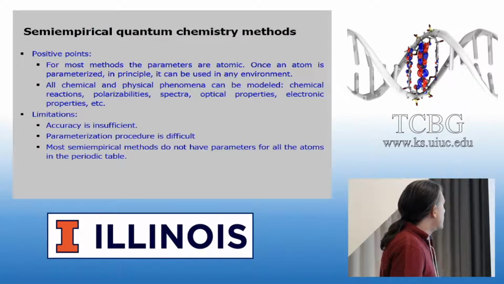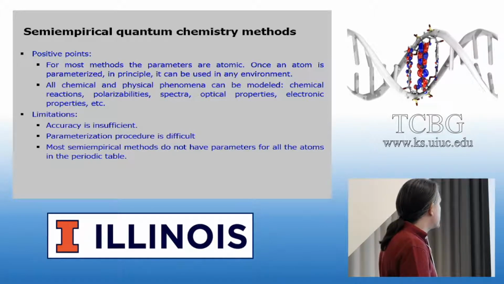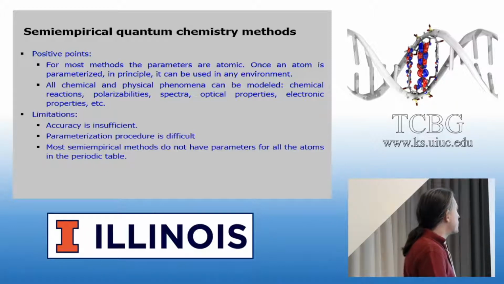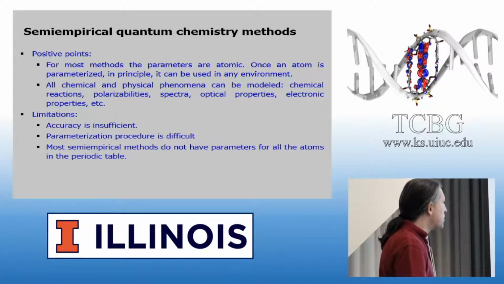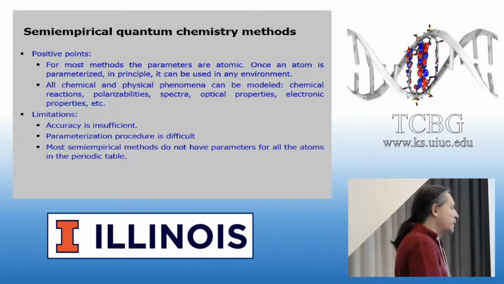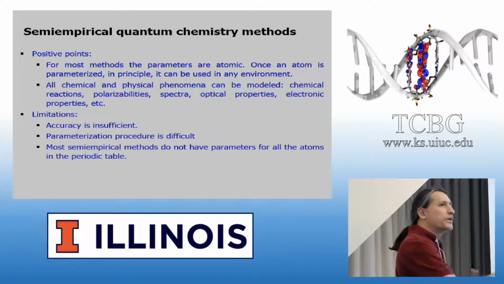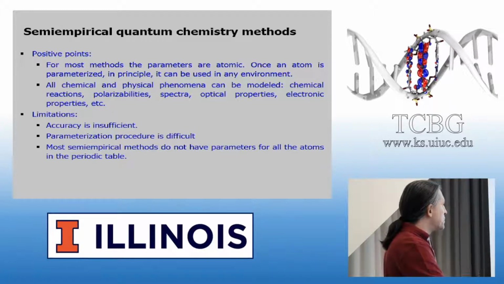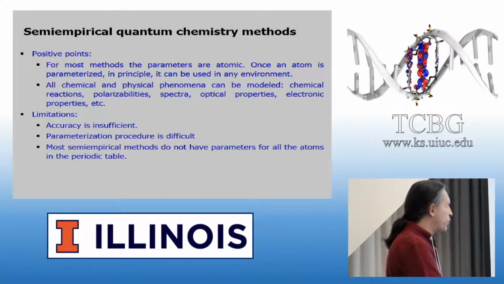In short, the positive point for semi-empirical quantum chemistry methods is that for most methods the parameters are atomic. This is an important point because in the force field you have 2-atom parameters, 3-atom parameters, 4-atom parameters, and it is very complicated to find this type of parameters.